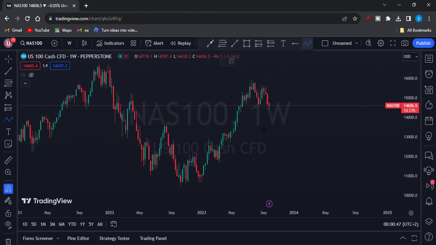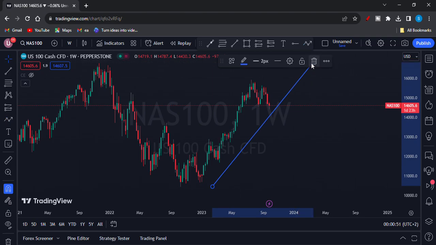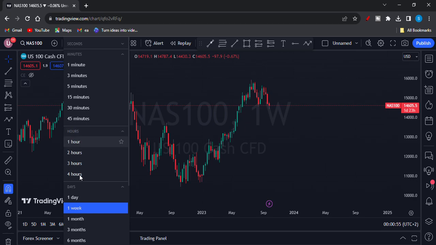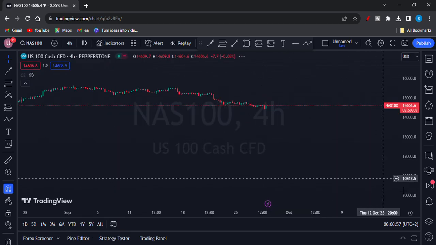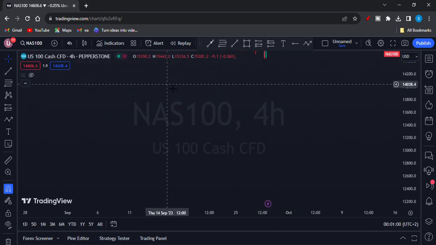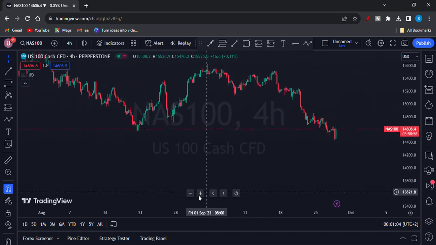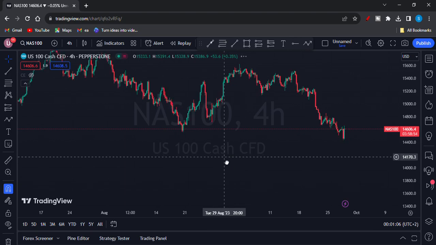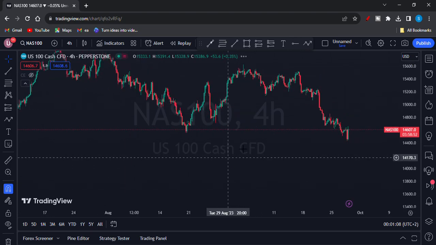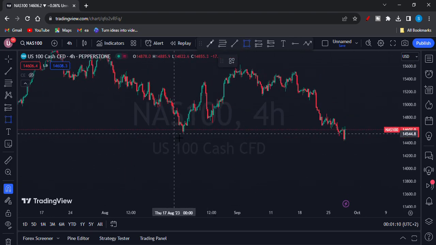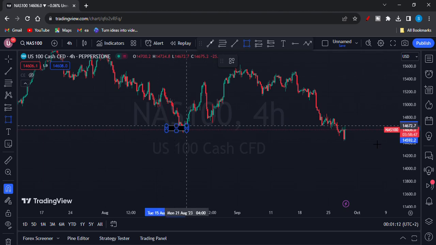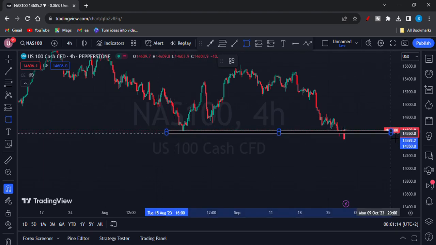So let's analyze NASDAQ. On weekly, we are on an uptrend, and then let's go to our 4-hour. On a 4-hour, we have this zone right there.